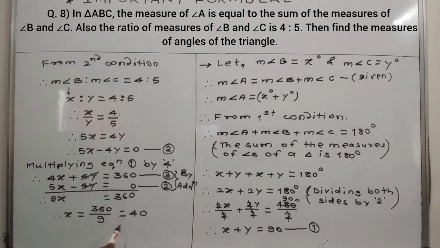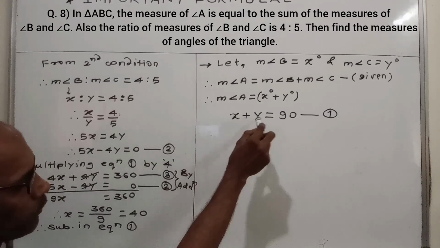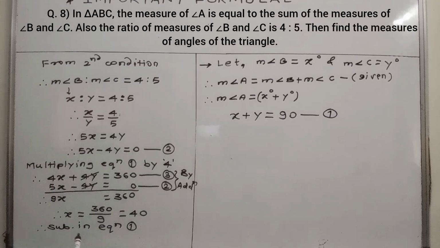Now this value we substitute. Therefore, substituting in equation 1. Did you get it? Therefore, our equation number 1, x plus y is equal to 90. Now we put value of x.